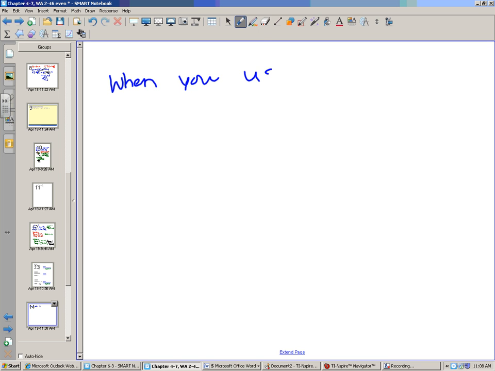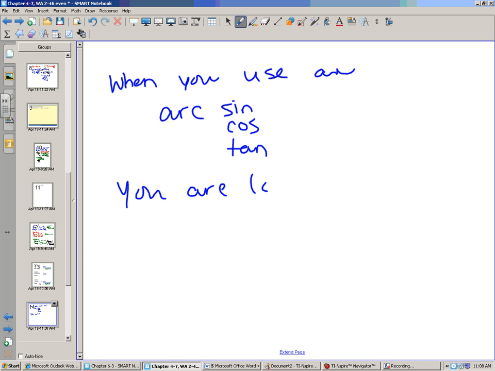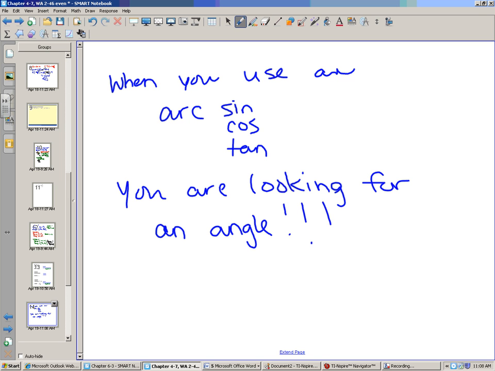When you use an arc sine, cosine, or tangent function, you are looking for an angle. That's extremely important.